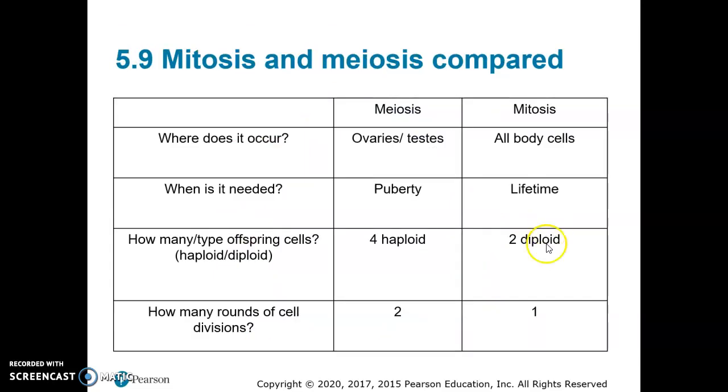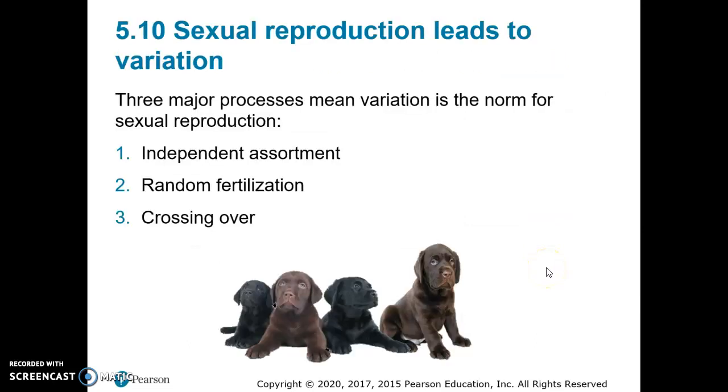Okay, so here's the answers to the last frame. I'm going to pass right by that. So, what sexual reproduction does is it leads to variation. And the way that it leads to variation is, one, independent assortment. So, how those homologous pairs are going to line up side by side in the center of the cell, called independent assortment.